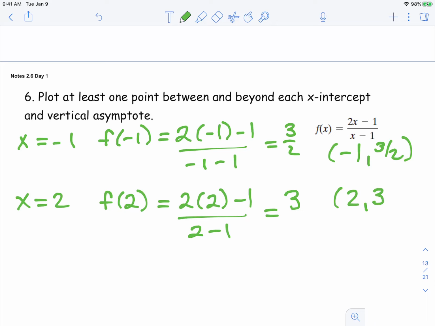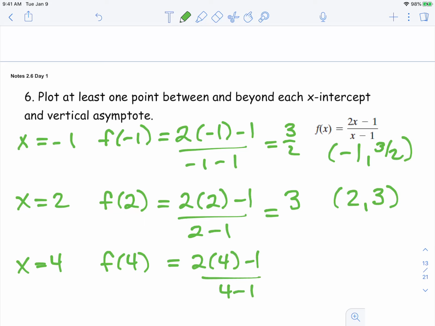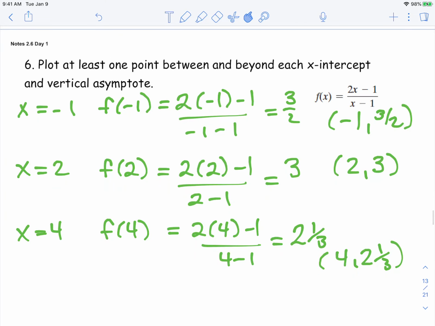We'll just do one more. All right, so there's our ordered pairs that we're going to graph.